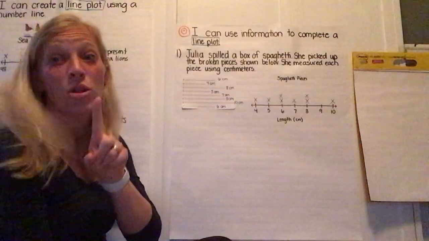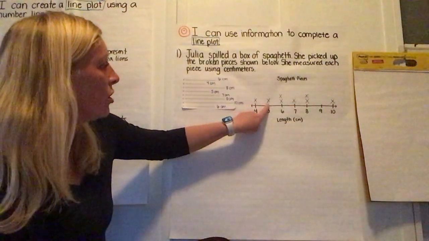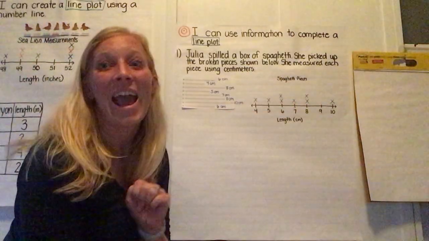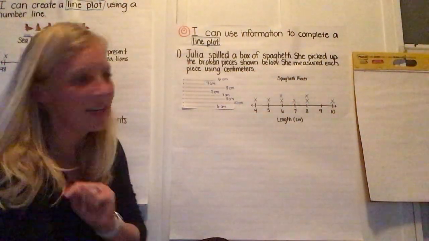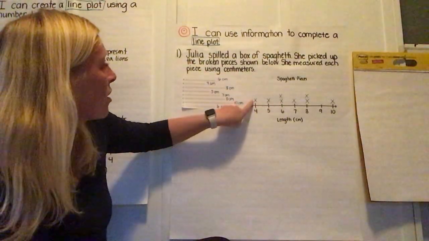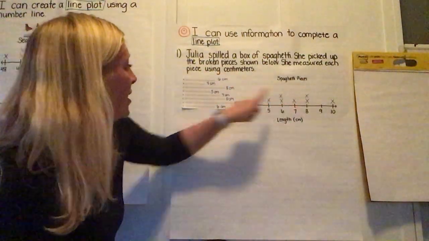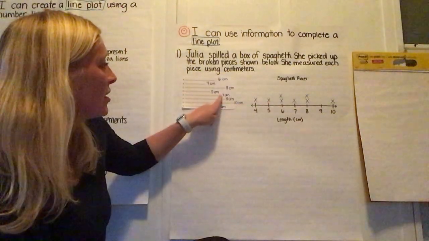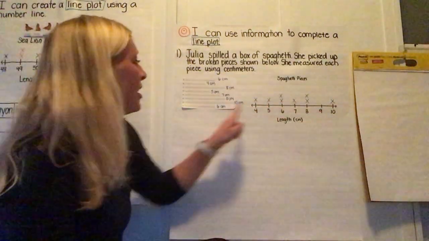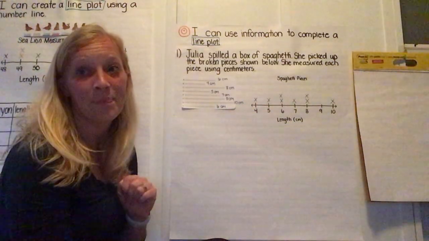Let's double check. Let's use that precision, right? 1, 2, 3, 4, 5, 6, 7, 8. Okay, one more way to double check. I see a 6, 6, 4, 4, 8, 8, 5, 5, 7, 7, 8, 8, 10, 10, 6, 6.